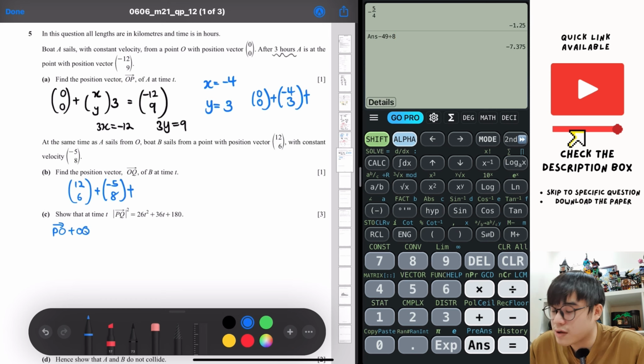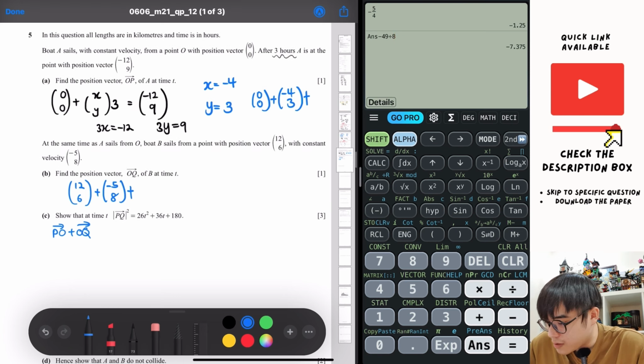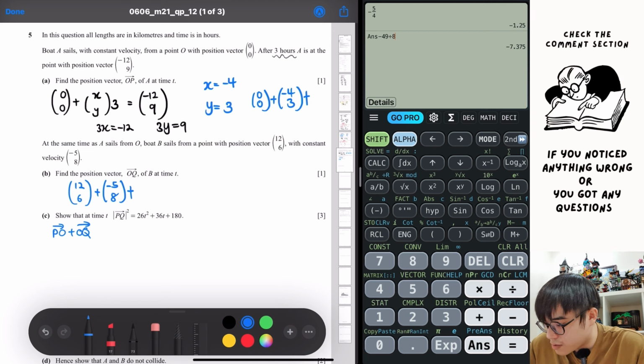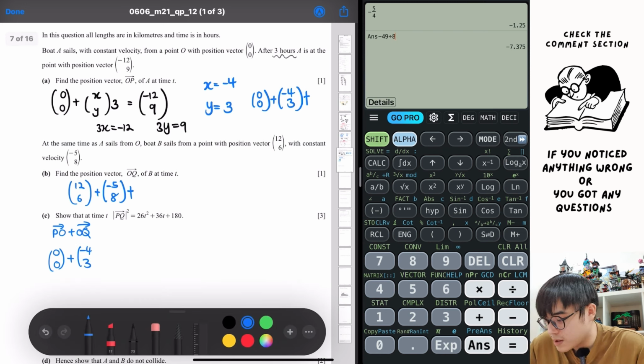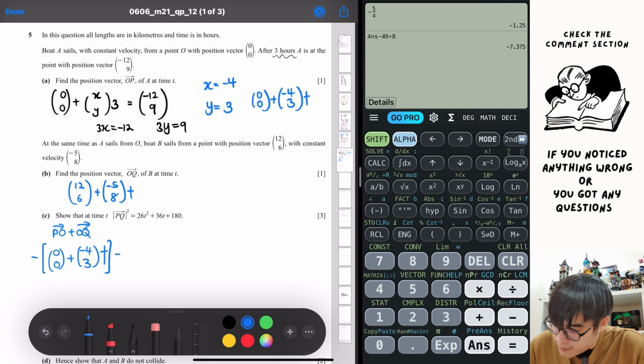You must add up the results before you complete your calculation. So to find this, basically you are dealing with 0, 0 plus negative 4, 3, t. But please remember, because there's a change of direction here, there will be an additional negative at the front. So when you add it up, this will be your final result.